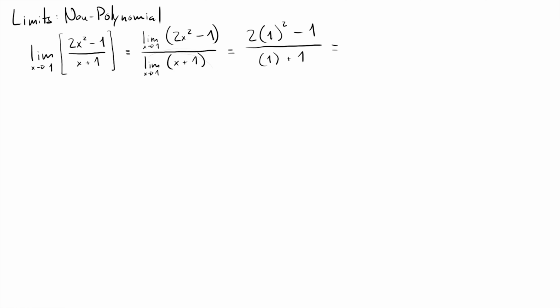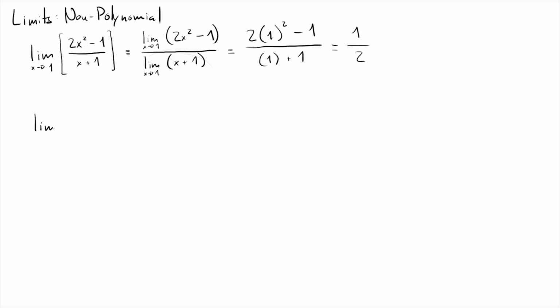Now we can simply solve this. 2 times 1 to the exponent 2 is just 1, so that's 2 times 1, which is 2. 2 minus 1 is 1, divided by 1 plus 1, which is 2. So we get 1/2. In this case, we were able to split our function that is not a polynomial into two polynomial limits and solve that way. Okay, let's go on to the next one.